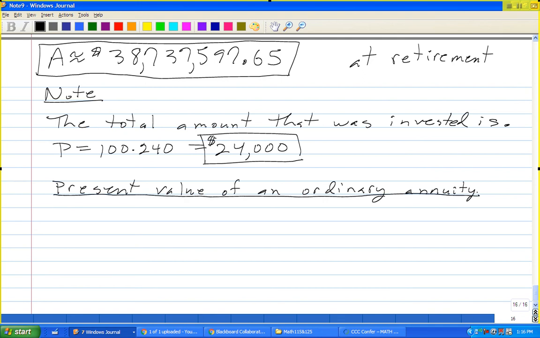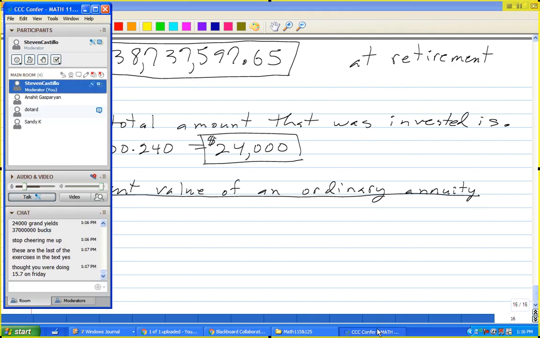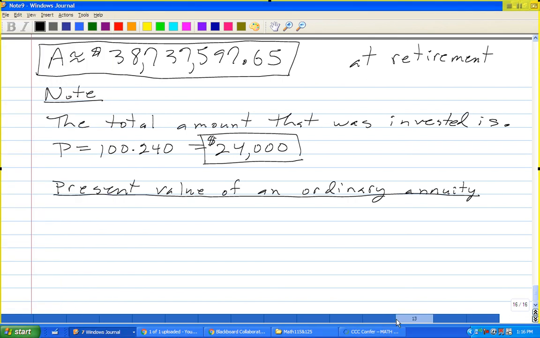How much do you have to input so that after a fixed amount of time you have what you want? Section 15.7 is tomorrow.